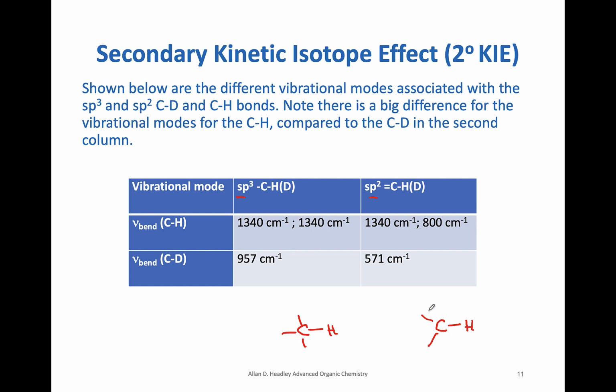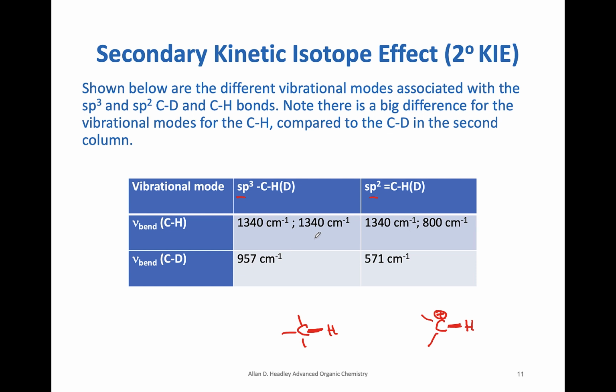A typical sp2 carbon would be your carbocation, as we have seen before. The bottom line is, based on infrared spectroscopy, the vibrational mode here is different from the vibrational mode here.